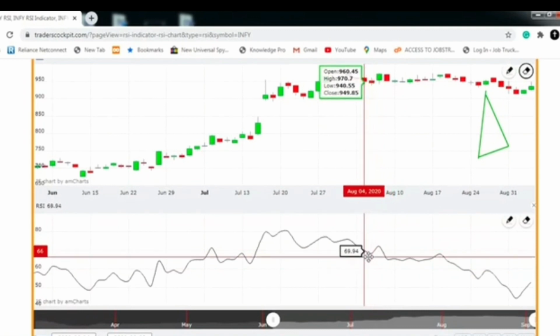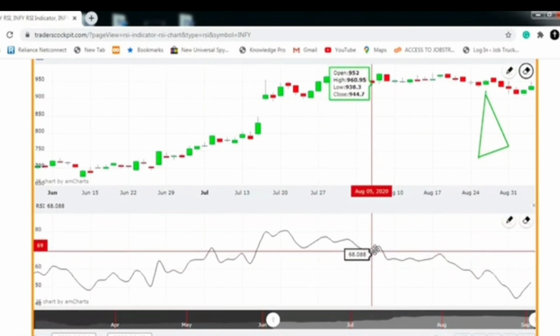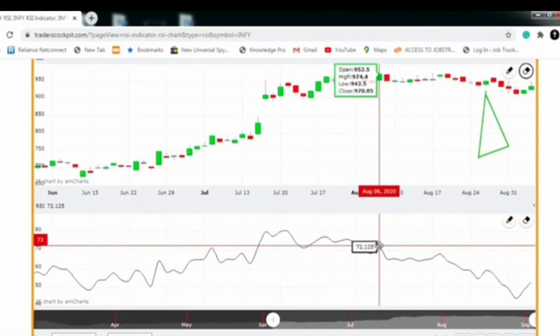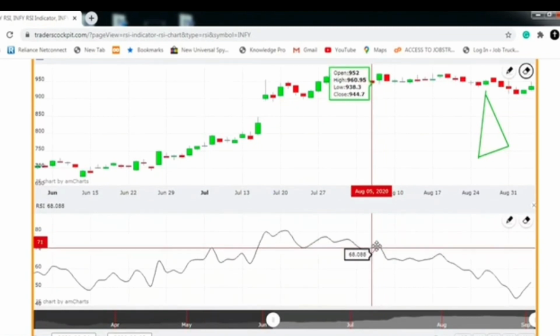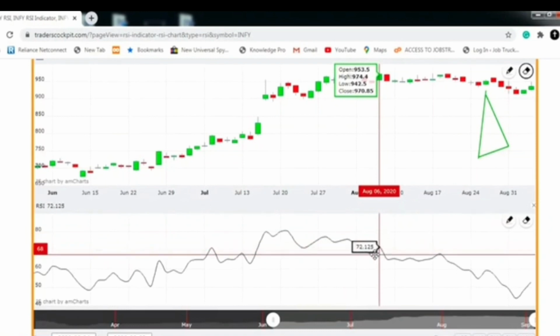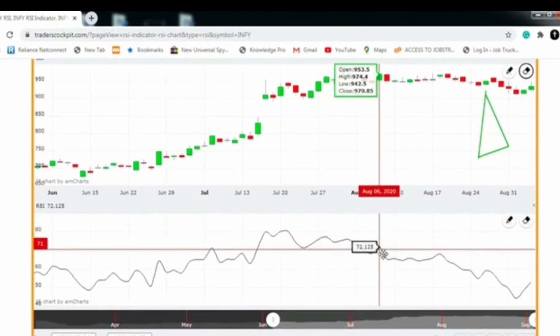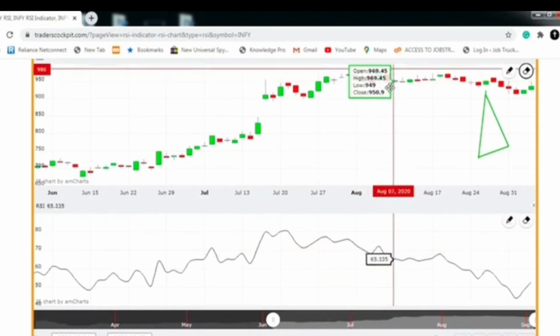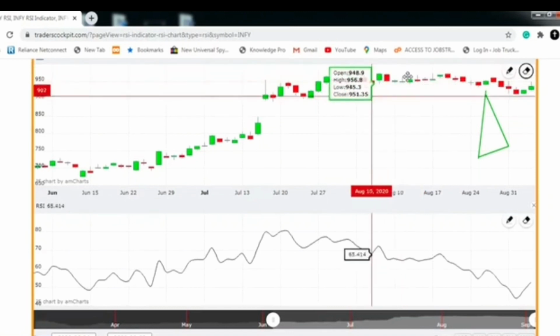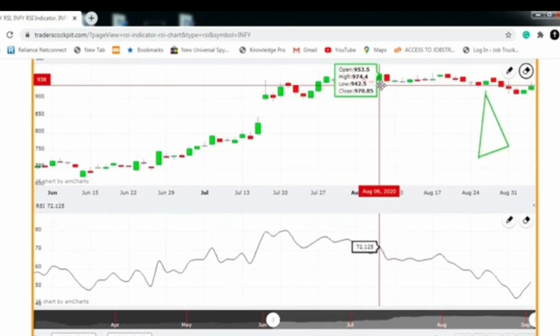So far we have analyzed two or three situations and I think till here it is very clear to you guys. I'll show you one more good example. Look at this, July 23rd. Be attentive to this. July 23rd, it was 71. At 71, there is a dip, but a high position is coming after that.